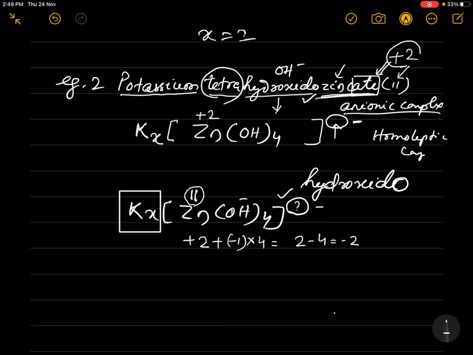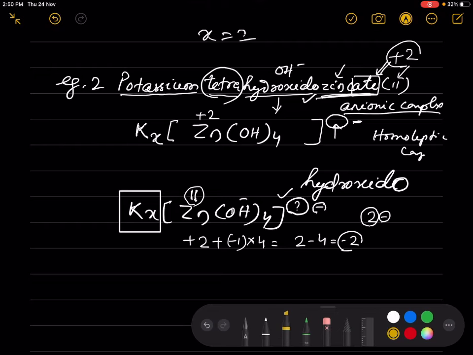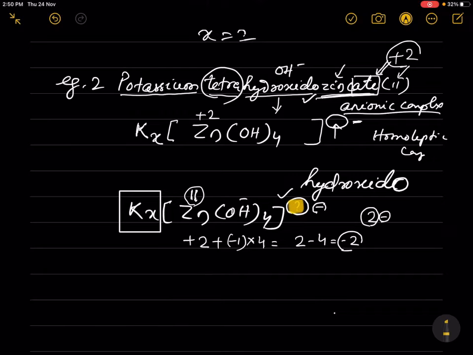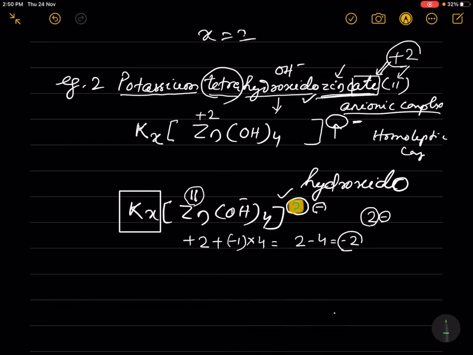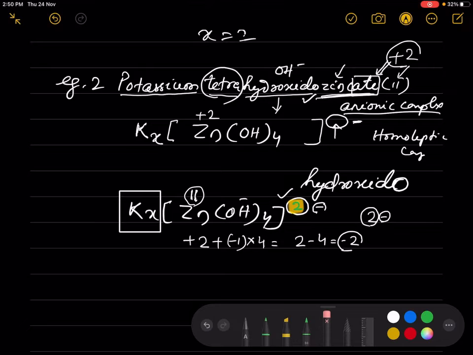And minus 2 is written as 2 minus, or you can say the number is written before the negative sign. Here the negative sign is written, and in the question mark I have to write 2 only. Okay.